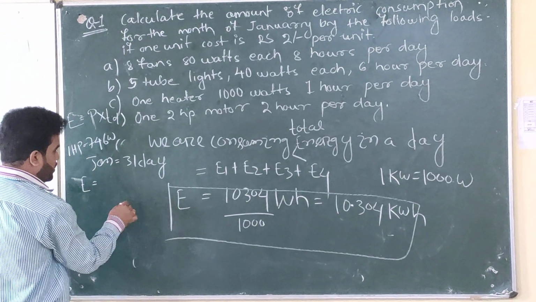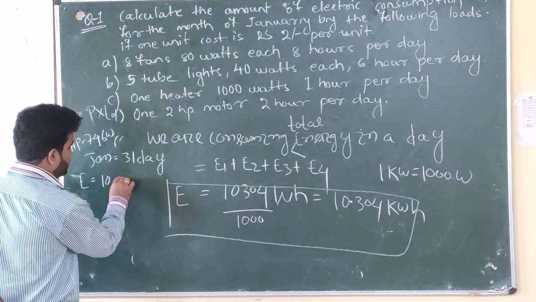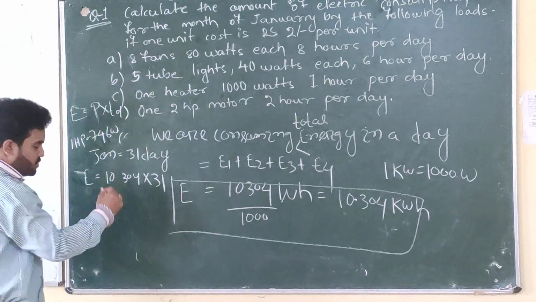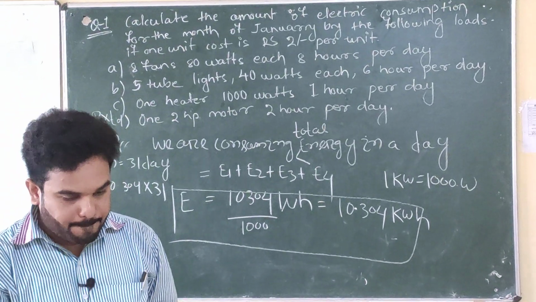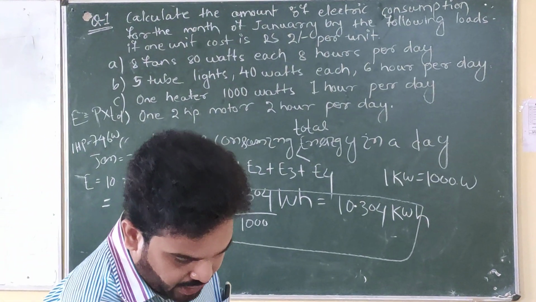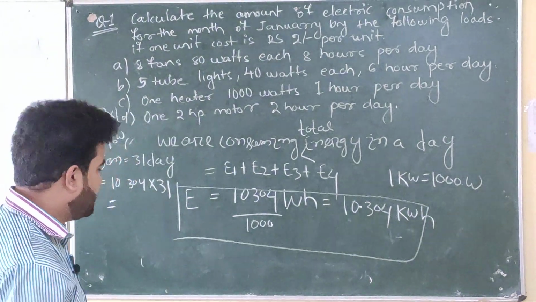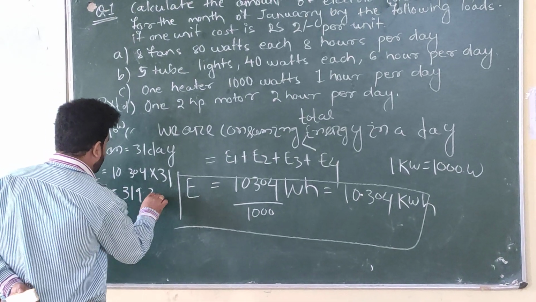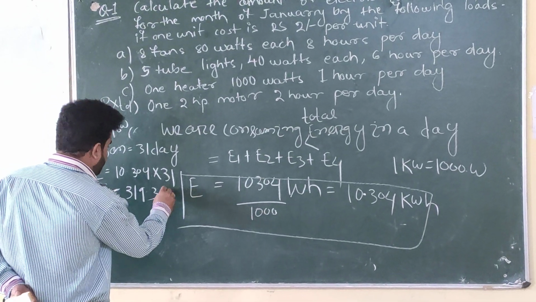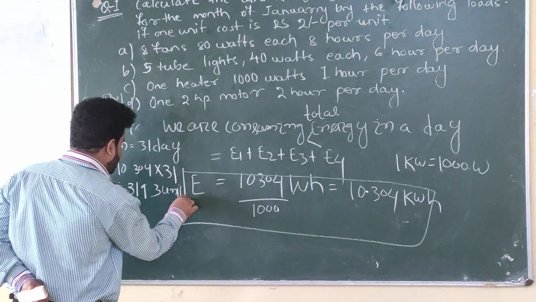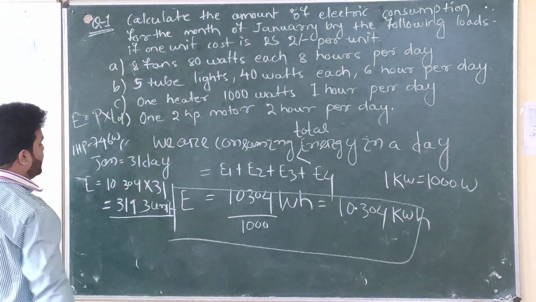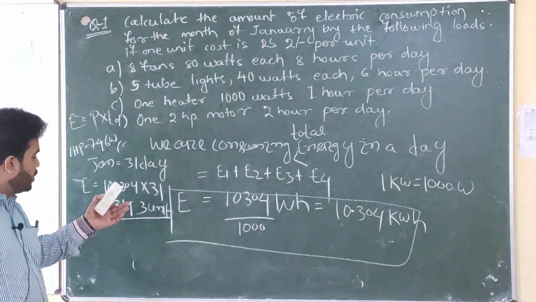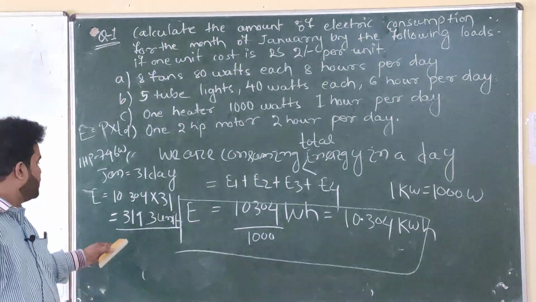It will be 10.304 into 31. How much is it? It is 319.3. You can see this is in units, because previously we discussed that 1 kilowatt hour is 1 unit.